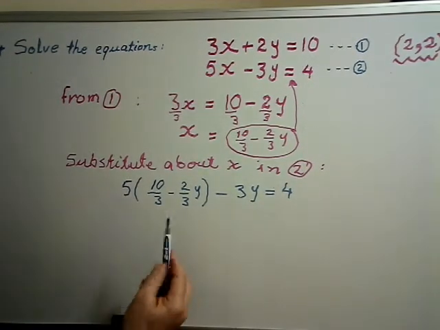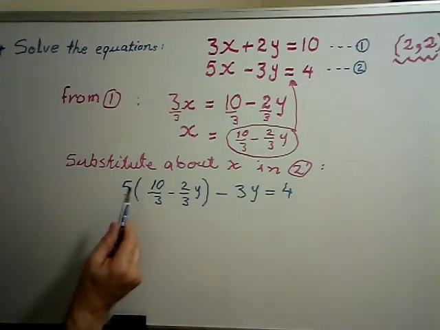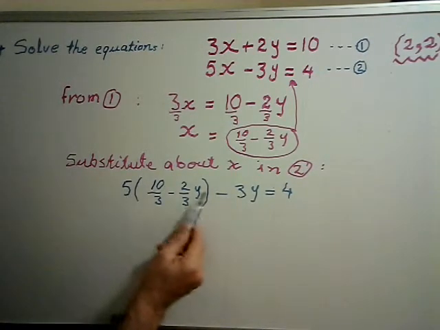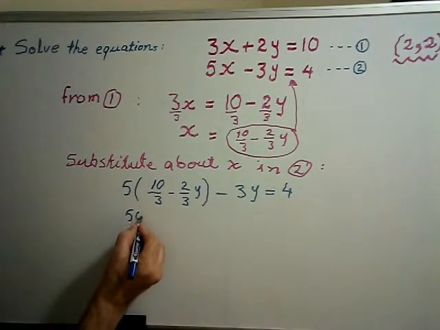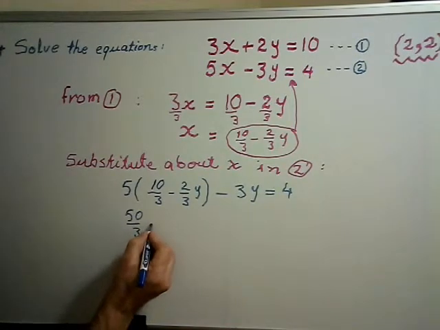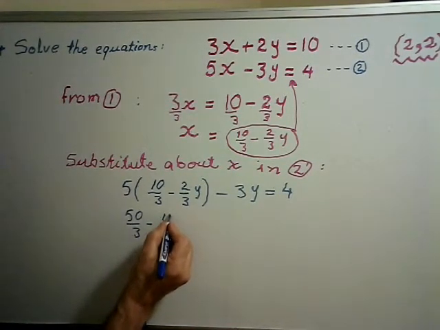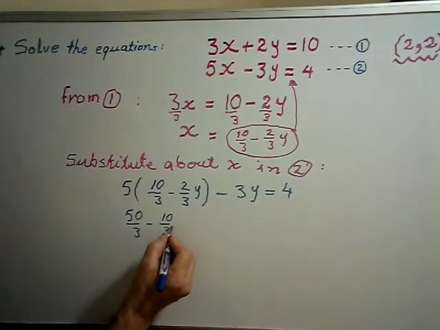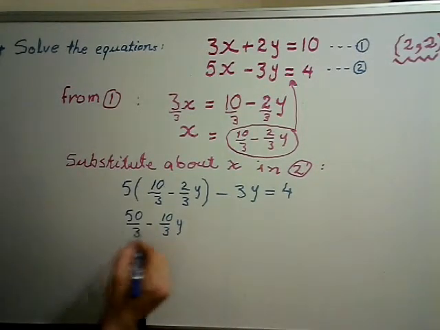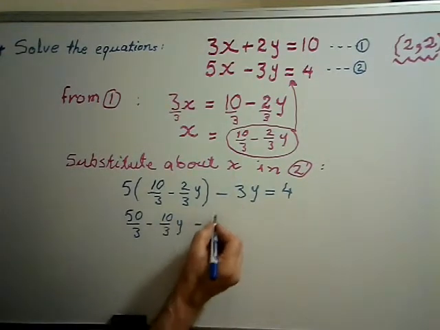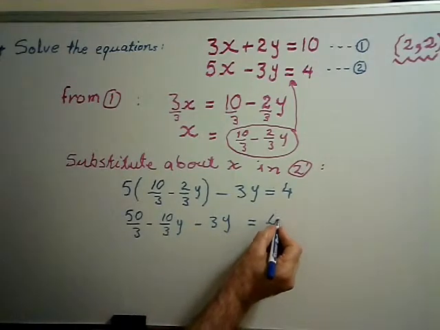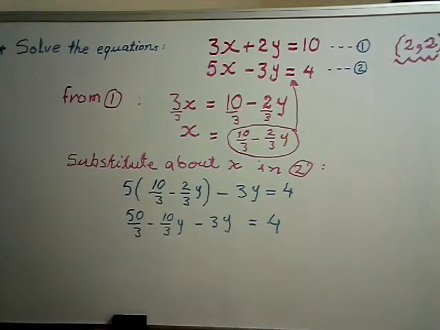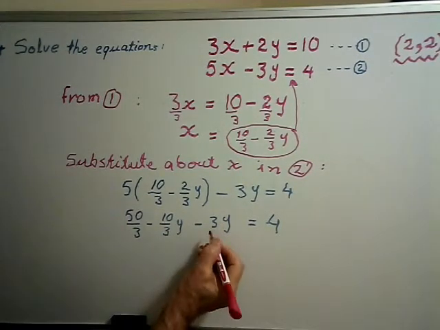And we try to simplify this equation. Here we multiply 5 inside the brackets. That means 50 over 3 minus 10 over 3y, then minus 3y is equal to 4. Here we can make the denominators equal.